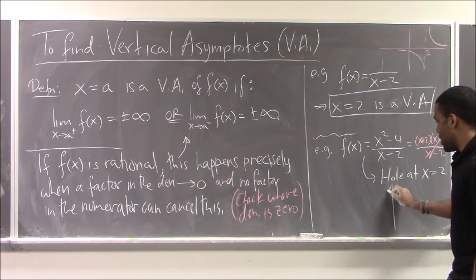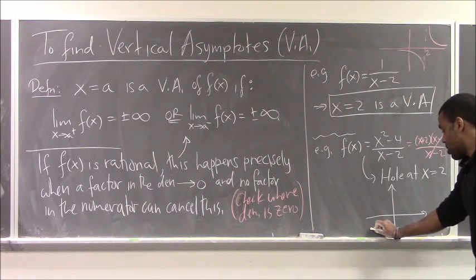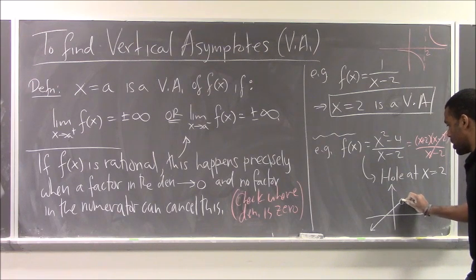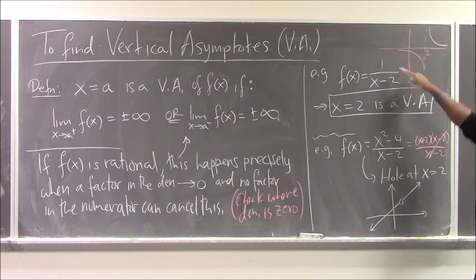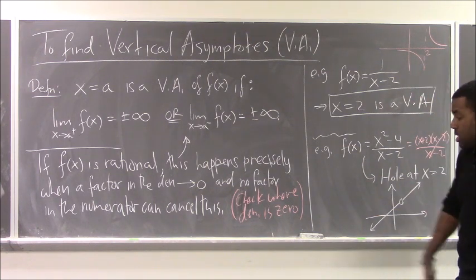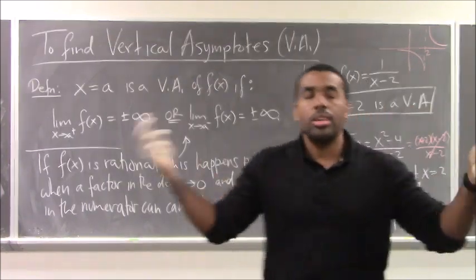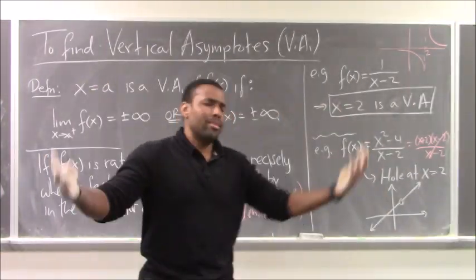We had that graph where we've seen this particular example before. There's just a hole here. Whereas this one has an asymptote, that happens because you couldn't cancel the 0 in the denominator. Whereas in this one, you can simplify it so that the 0 cancels. That's technically not what happens, but you get the idea.